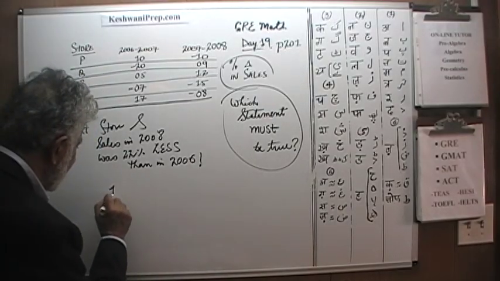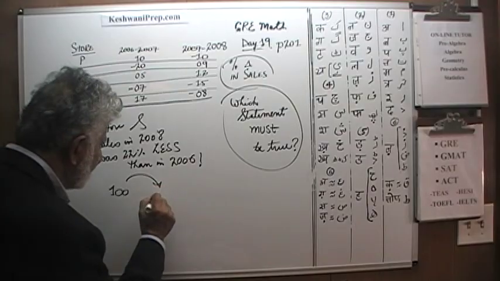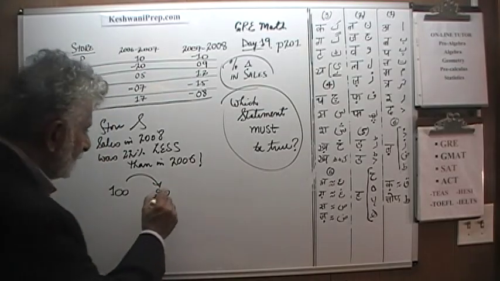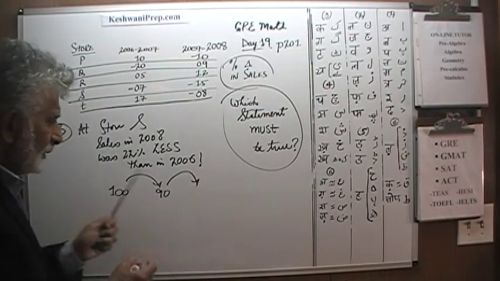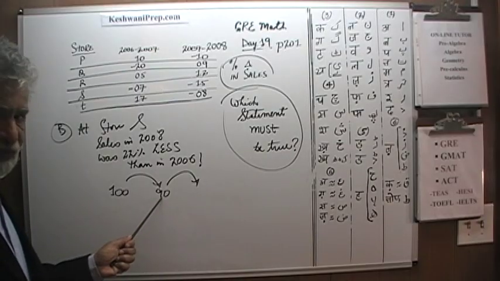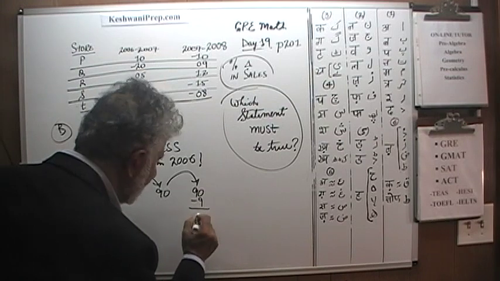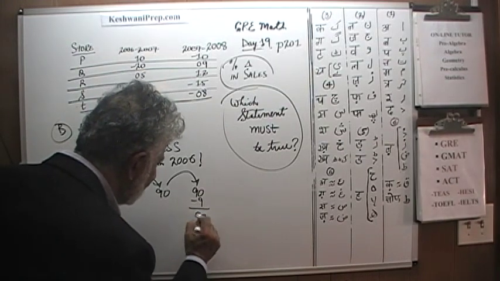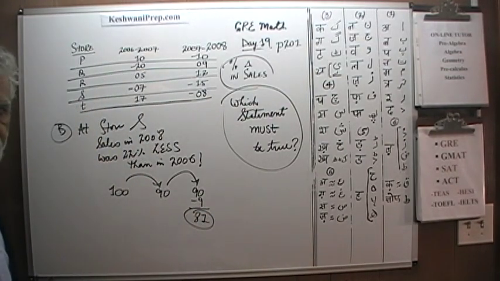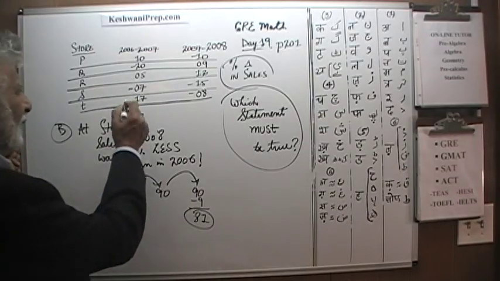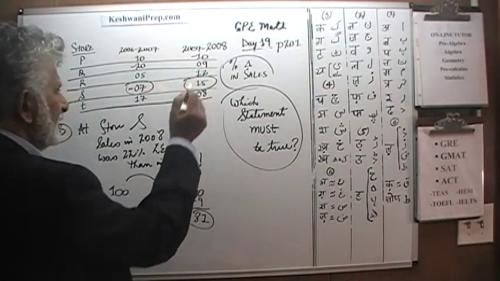Let's say you started out with 100 and it went down by 10%, it becomes 90. And then it goes down by another 10%, it does not become 80. It is 10% of this that we have to take. So this figure becomes 90 minus 9. It does not go down to 80, it goes down to 81. We cannot go around adding percentages. One does not simply go around adding percentages.